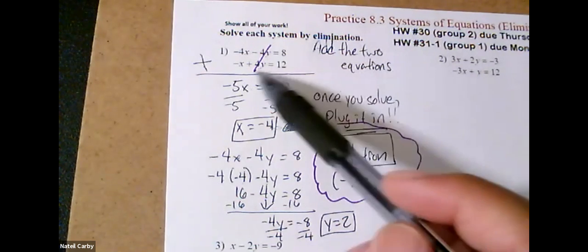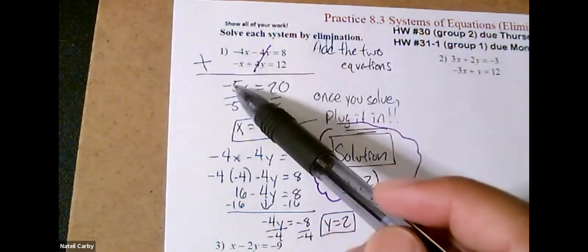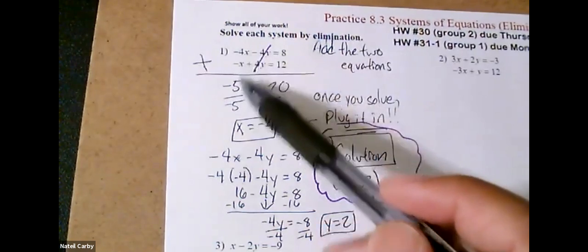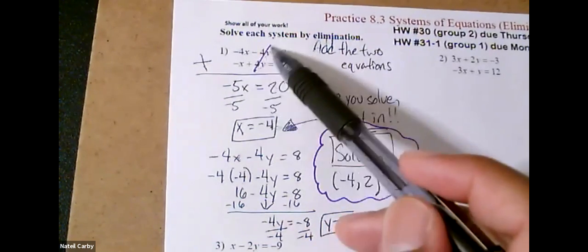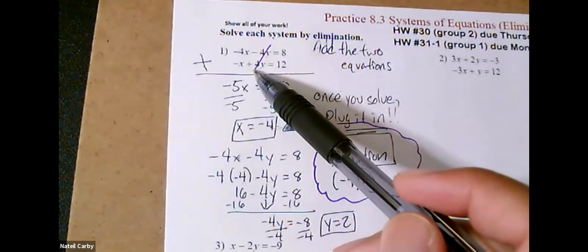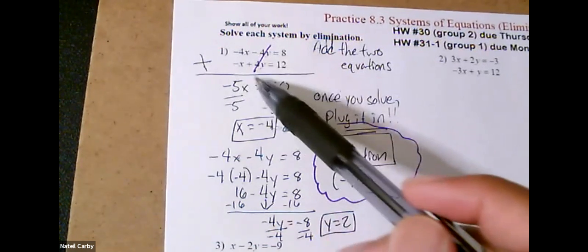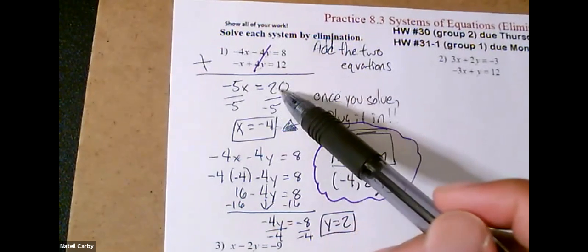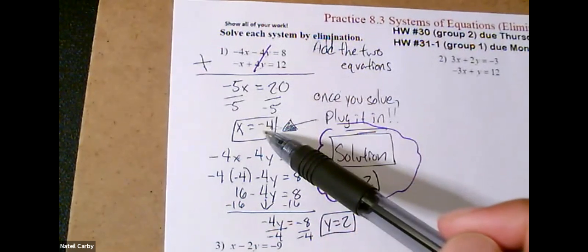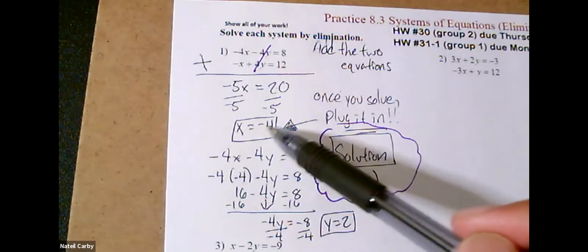So when I look at number one, -4 plus -1, -5. -4 plus 4 is 0. So my y's cancel. So all I have left is -5x on the left. Bring down my equal sign. 8 plus 12 is 20. Divide by -5, x equals -4.